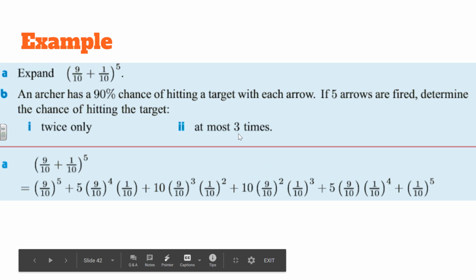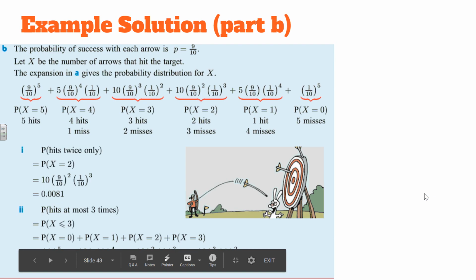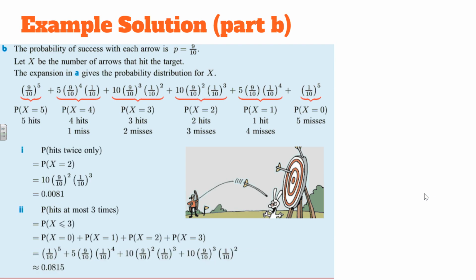At most 3 means I'm going to include this part plus this part plus this part plus this part. And you can see it in this example right here. You're just taking those values here. So hits twice is going to be this part of the expression right here. So that's going to be about 0.0081.